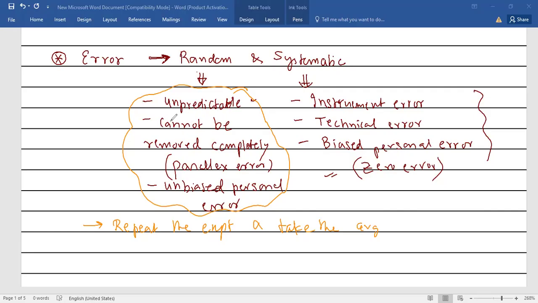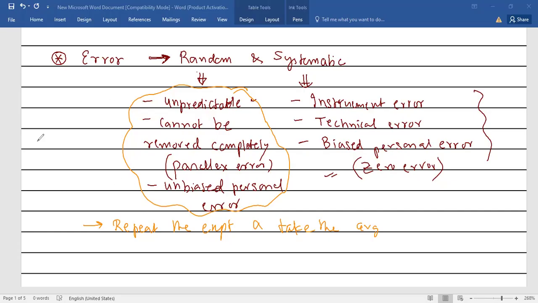Now let us take into consideration random error, and let's say we have measured one physical quantity. Now how to write that measured quantity?